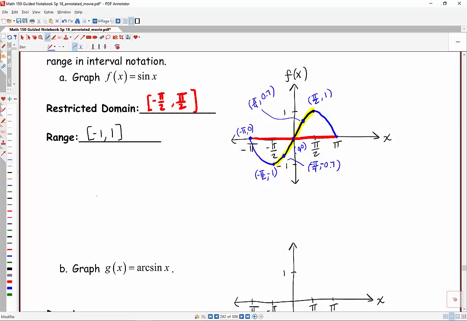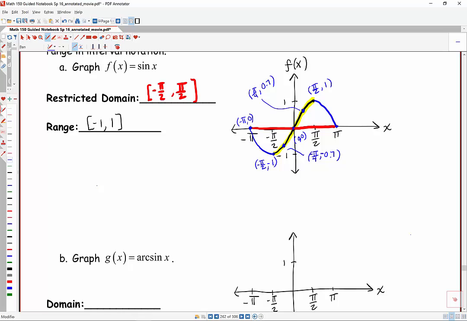And the reason I'm getting those additional ordered pairs is that we're basically going to just be working with that yellow portion of the graph, and we're going to flip the x and y values, or coordinates.